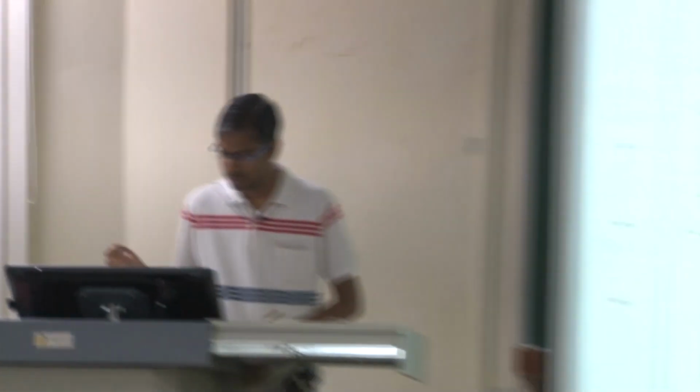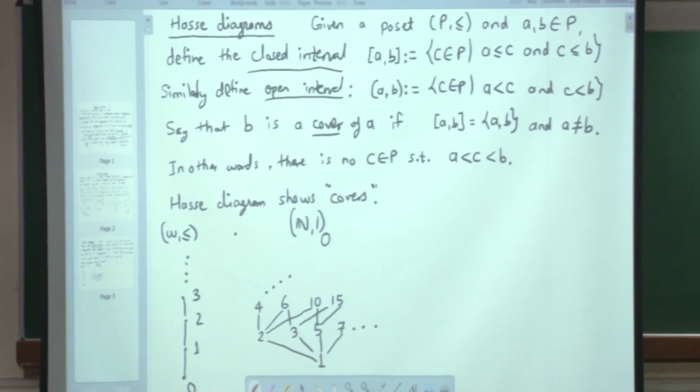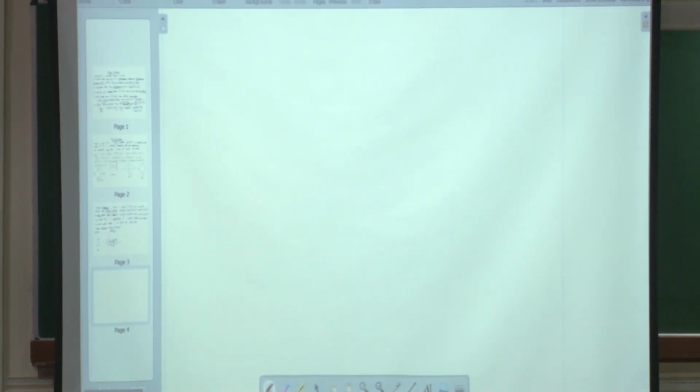Okay, I have been asking you some questions. Does there exist a maximum element? Does there exist a minimum element? Let us define them.